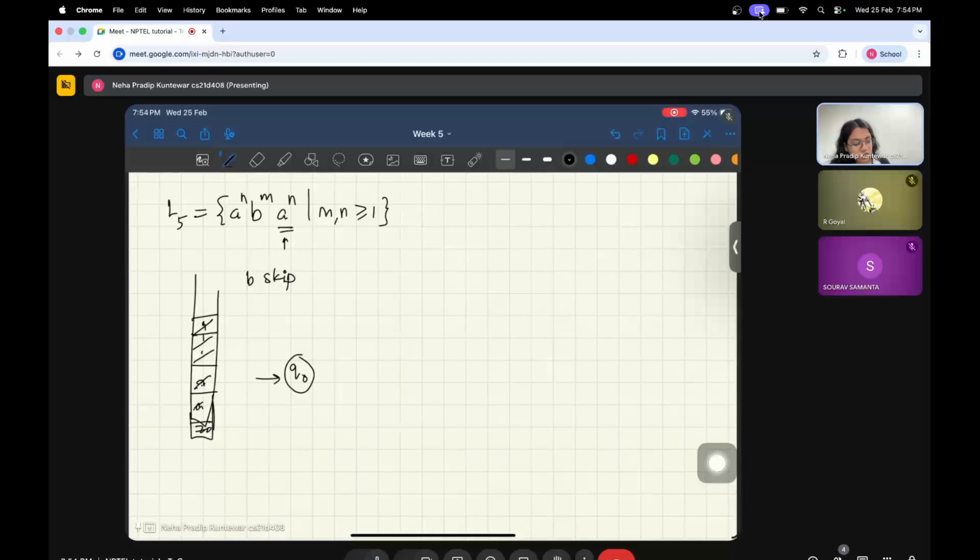So if you are at a z0, then push it. An a also, you push it. If you see a b, we're going to skip. Furthermore, if you see more b's, we are going to skip.